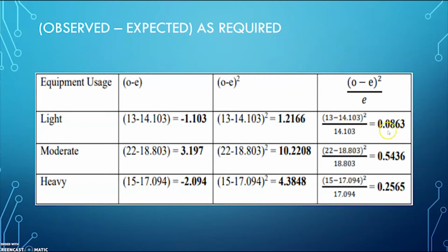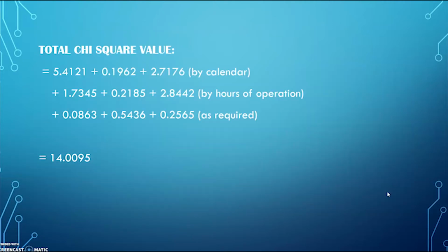We also use the same formula to find the chi-square value. The value for light is 0.0863. The value for moderate is 0.5436. And the value for heavy is 0.2565. Then we total all of the chi-square values, and we will get 14.0095.